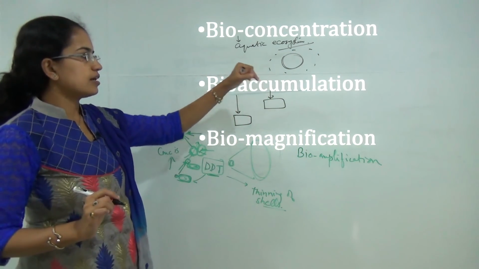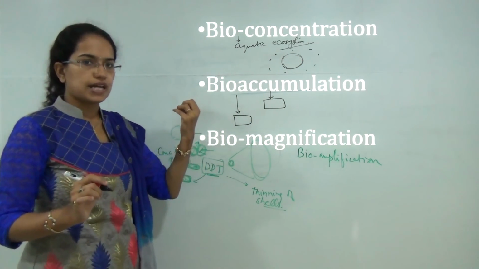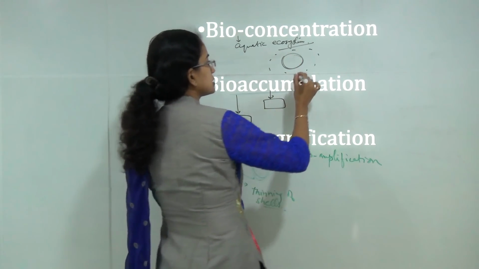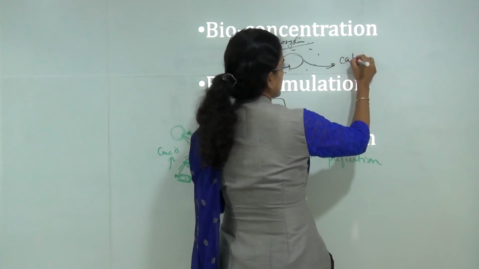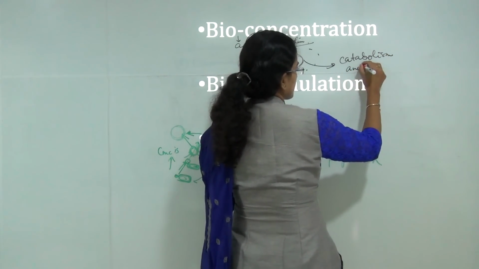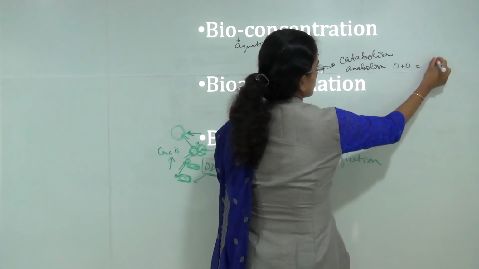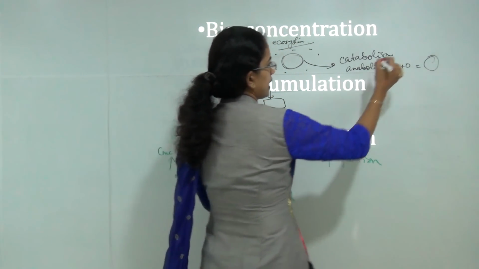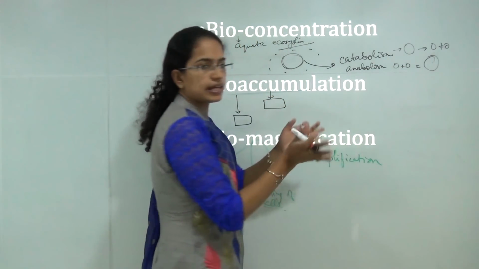The reason is that the organism is absorbing the toxic substances at a much higher pace as compared to the catabolic processes. There are two processes, catabolism and anabolism. Anabolism is the building process that joins things up, and catabolism is the destructive process that breaks things down.